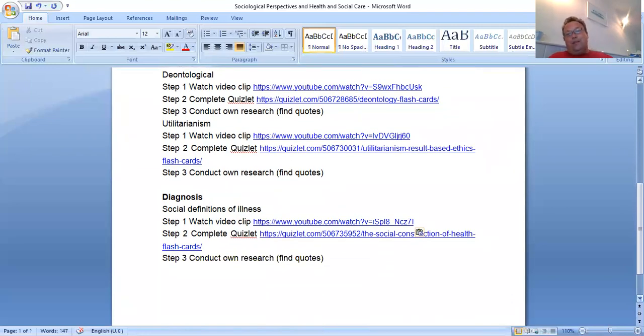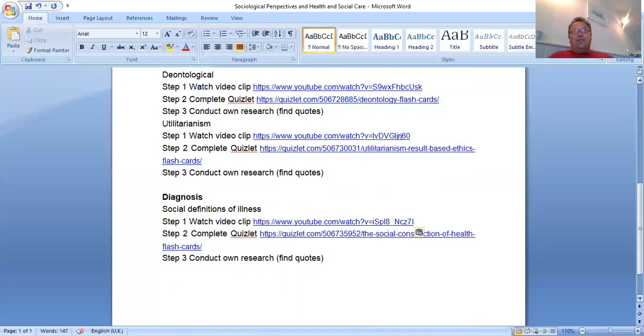Lastly, we come on to the area of diagnosis. And the issue with diagnosis, again, building from this science, rationality, biomedical model, and what social definitions of illness look at, is the idea that health is socially constructed.